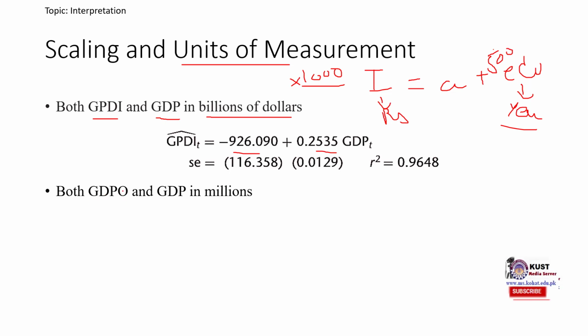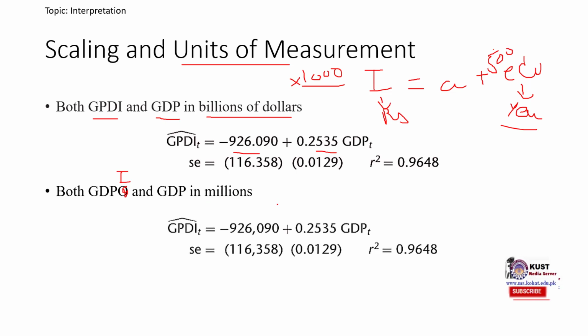So now both our independent and dependent variables are in millions. In that case, when we run the regression, what would happen? You would notice that the beta coefficient, the slope, is exactly the same. The standard error is the same. The r-square would always be the same.